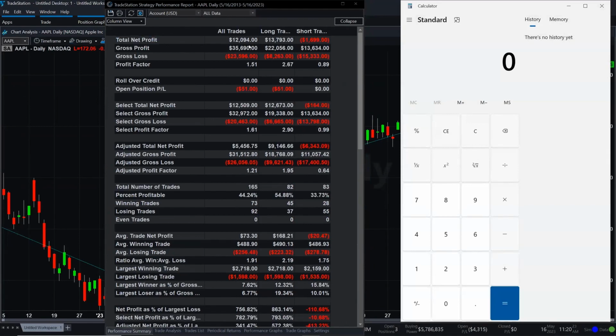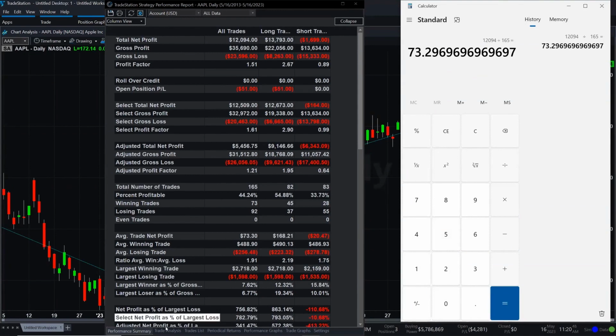The total net profit on the strategy backtest is 12,094. So if I put that number into my calculator, 12,094, and I divide this number by the total number of trades, which is 165, that's going to give me a straight average of $73.29.